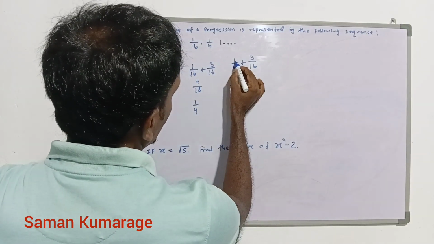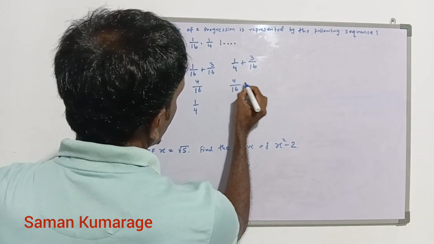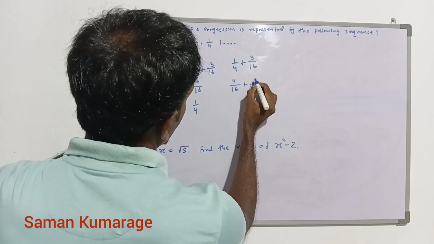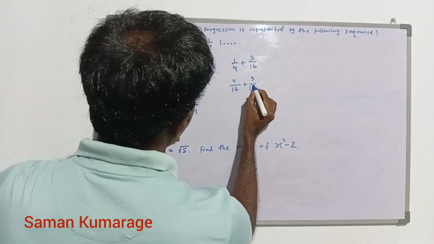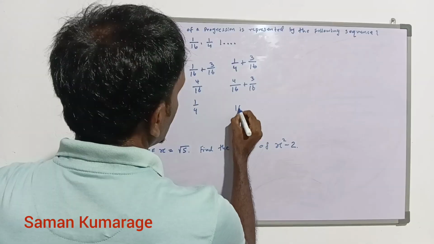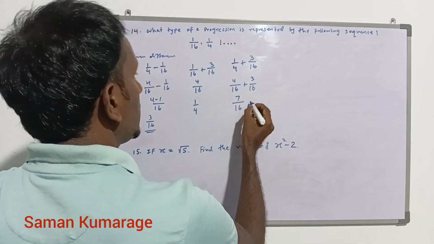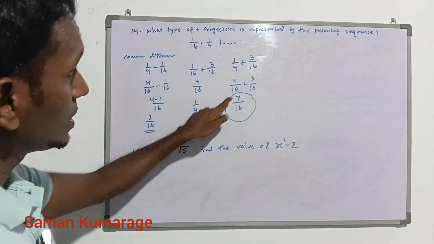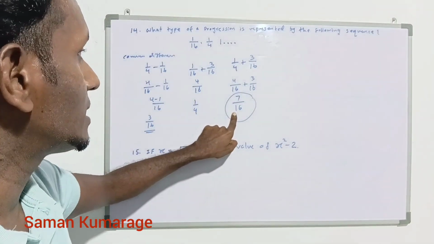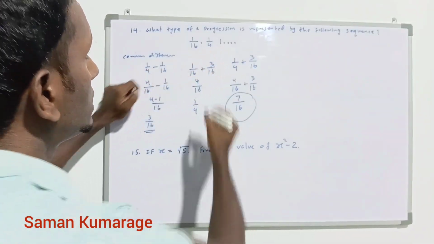We multiply this 1 by 4, and then 3 over 16. Here 16 is common, 4 and 3 make 7. We get 7 over 16 as the third term.